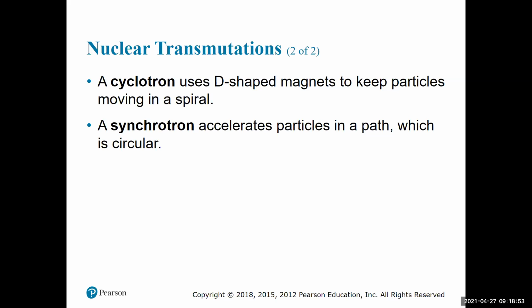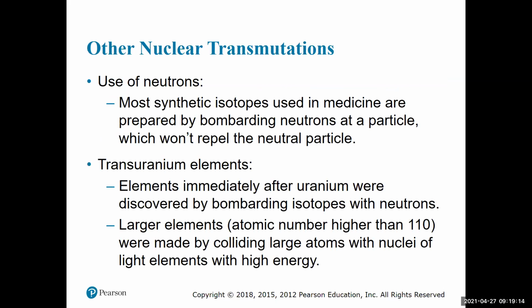There's something called a cyclotron, and that uses D-shaped magnets to keep the particles moving in a spiral. And then a synchrotron does particle acceleration in a circular way. So basically with these, you get things moving real fast.